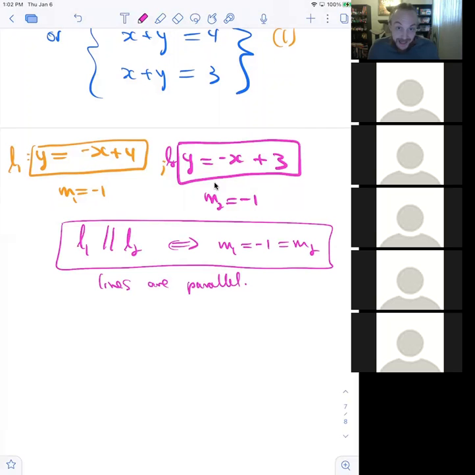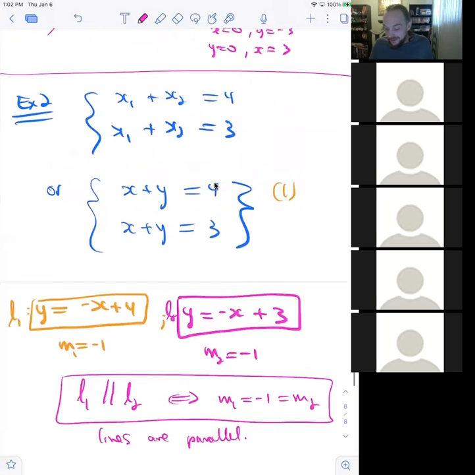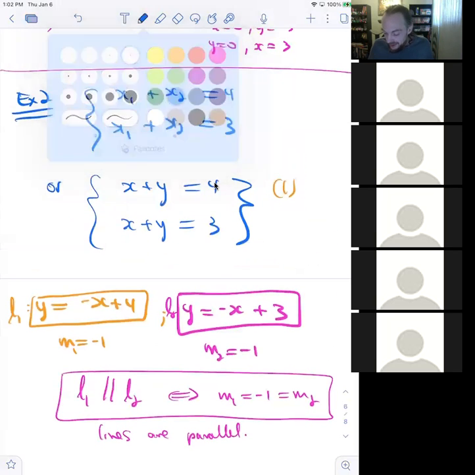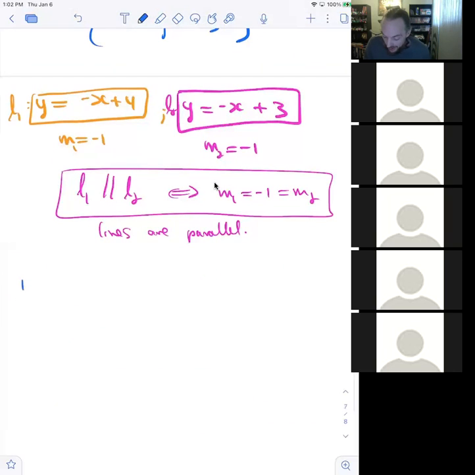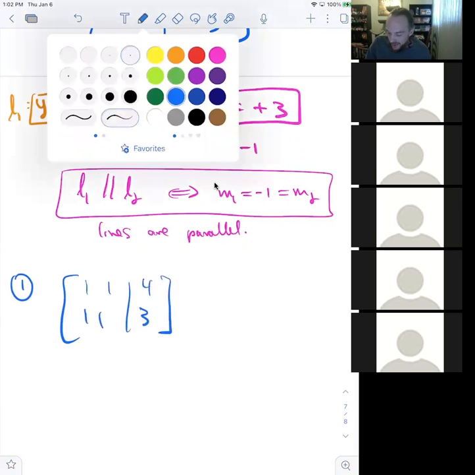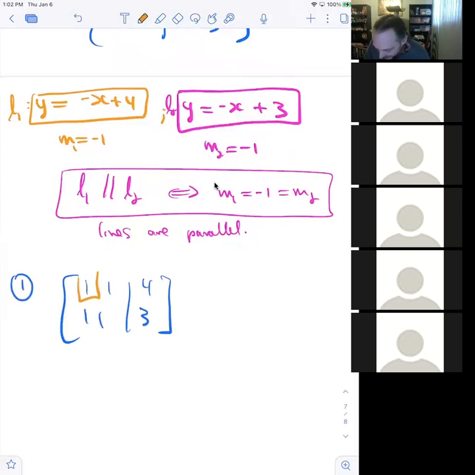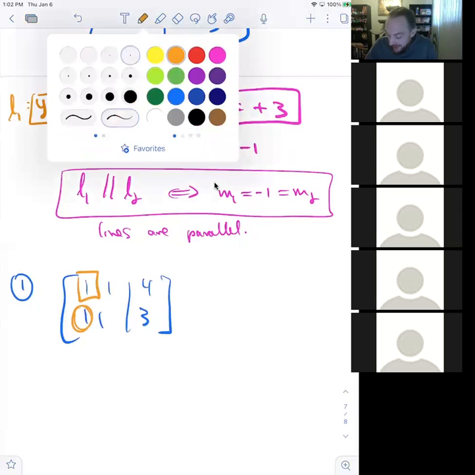I can deduce this from calculus, but what does it look like in linear algebra land? In linear algebra land, what am I supposed to do? One, augment the matrix. So I get 1, 1, 4, 1, 1, 3. My mantra is get a leading 1 in the top corner, kill below, eliminate everything below that leading 1. In this case, I already have a leading 1.